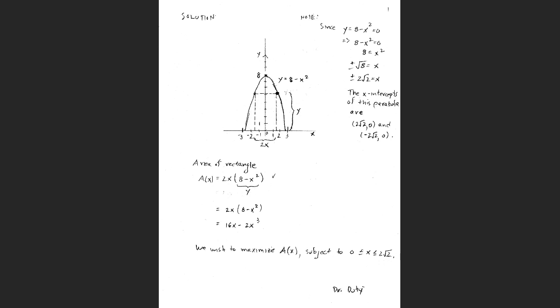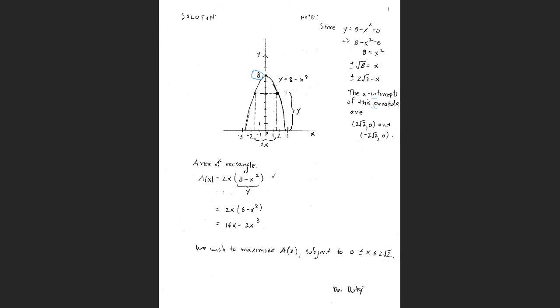I go ahead and draw the parabola y equals 8 minus x squared. To draw it, I know the parabola opens downward and it has a y-intercept of 8 here. I need to find the x-intercepts of the parabola so that I can draw it reasonably.